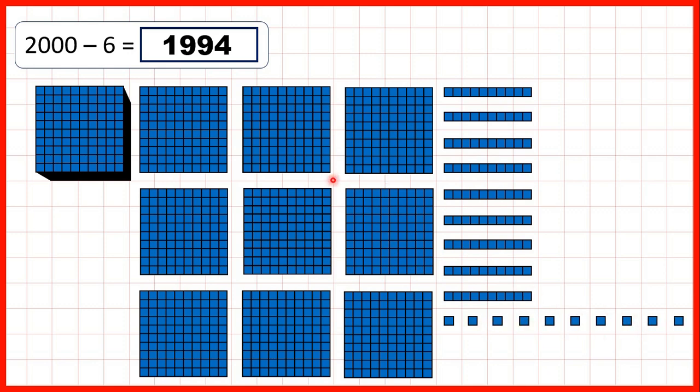So here we've still got 1,000, but now we can take away 6 of our ones counters. When we do that, we get 4 ones in our answer, but because we've exchanged, you can see that we now have 9 tens and 9 hundreds as well, and because we exchanged, we've only got 1 of our thousands.